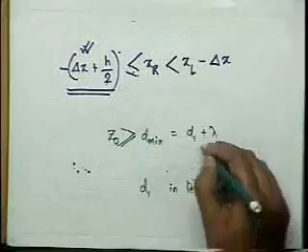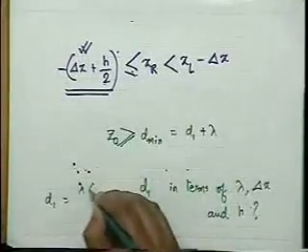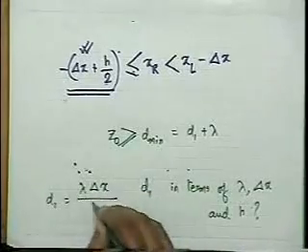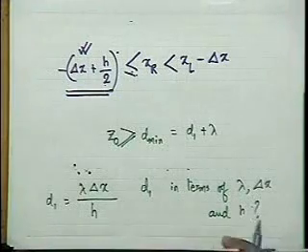The distance between CL and CR is delta x. So from these similar triangles it is possible to deduce, and you can verify this, that d1 is equal to lambda into delta x divided by h. Is that correct? Okay, you have already verified.